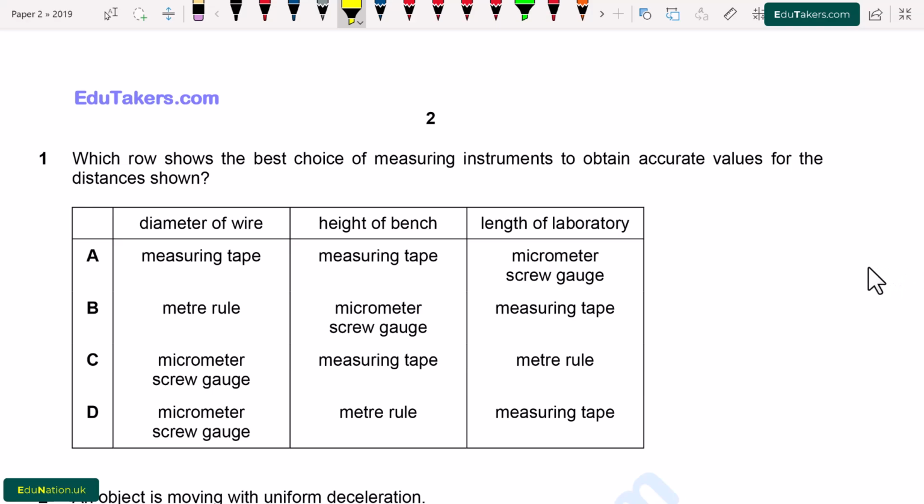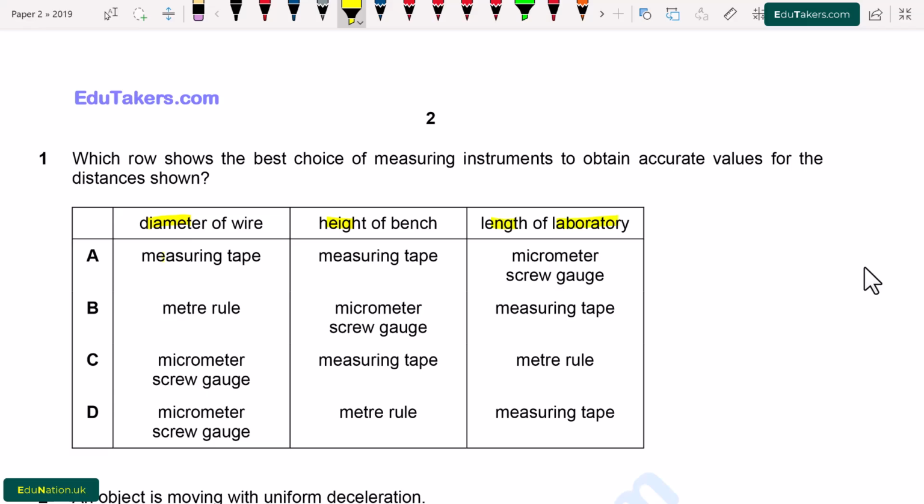Question number 1. Which row shows the best choice of measuring instrument to obtain accurate values for the distances shown? First of all, here are the diameter of wire, the height of the bench and the length of the laboratory.